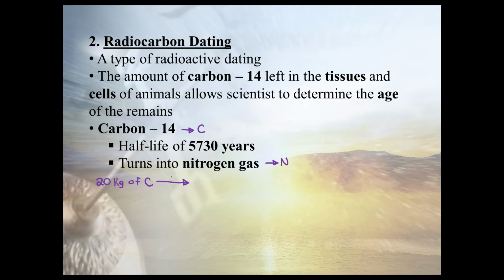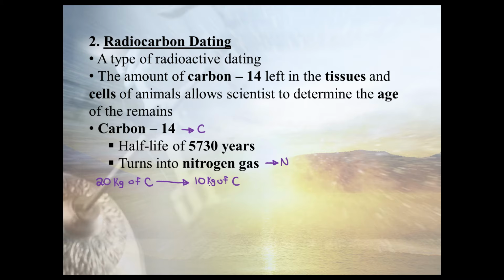Let's follow through a bunch of half-lives. If I pass through 1 half-life of carbon, that'd be the time it would take for me to only have 1/2 the mass of carbon. So 1/2 the mass of 20 would be 10 kilograms of carbon left.